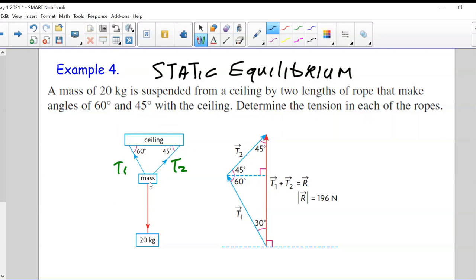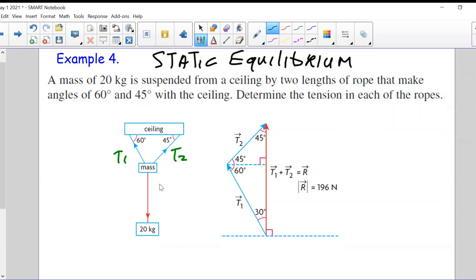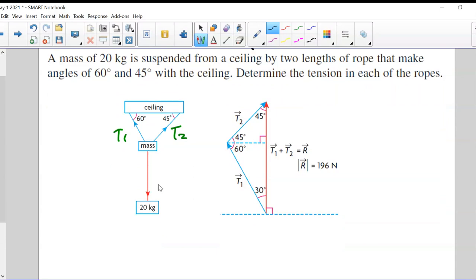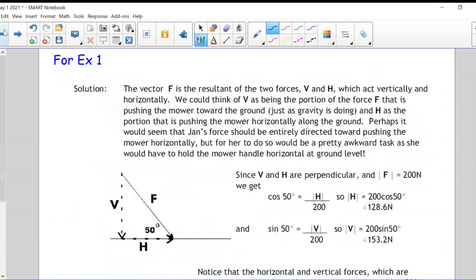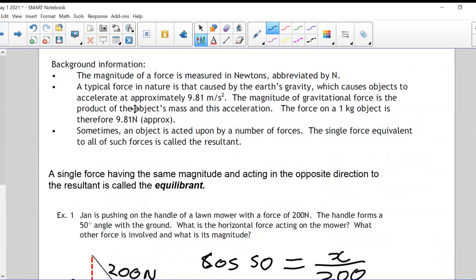And what I'm going to first of all say is that this mass is 20 kilograms. I said this to you before, let me go back to, I think it was the third page. It was here.